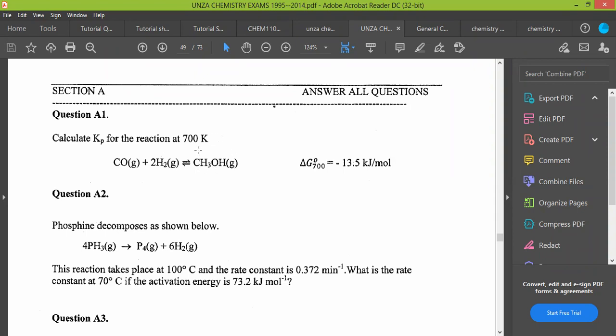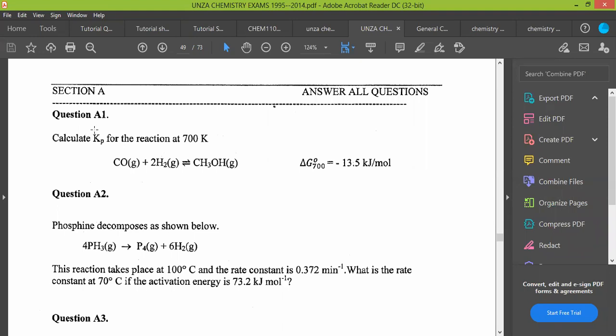So in this case, 1 minus what you have on the reactants, 2 plus 1, which is 3. So 1 minus 3 gives you negative 2. Therefore, your expression is raised to minus 2, and then you do your calculations and you will be able to find Kp.